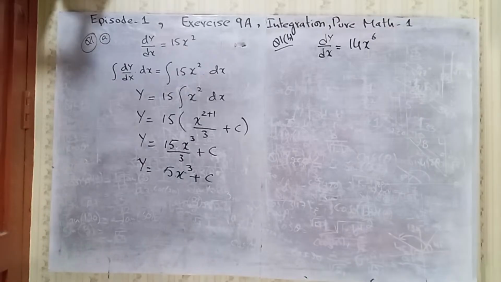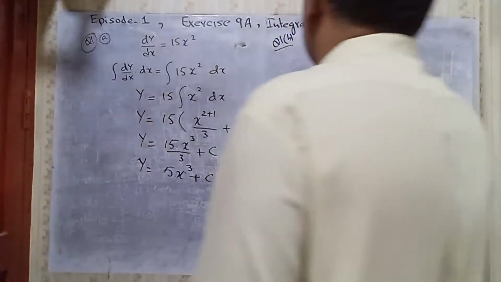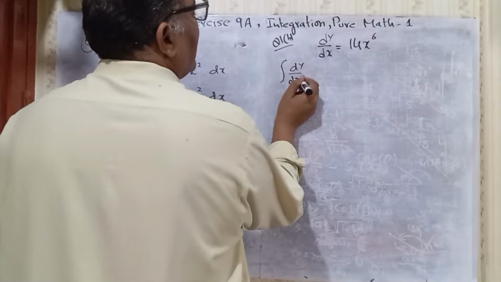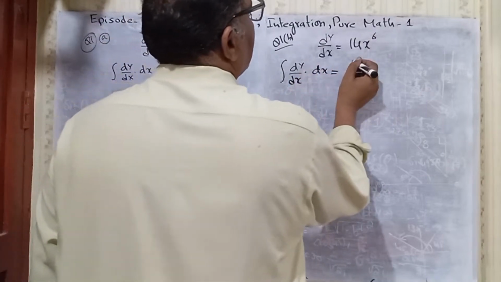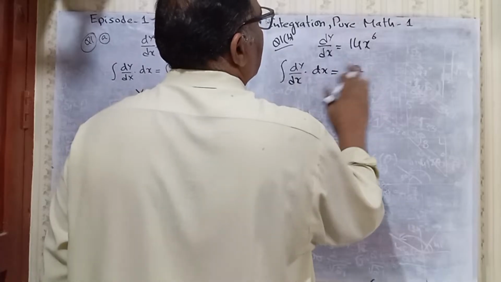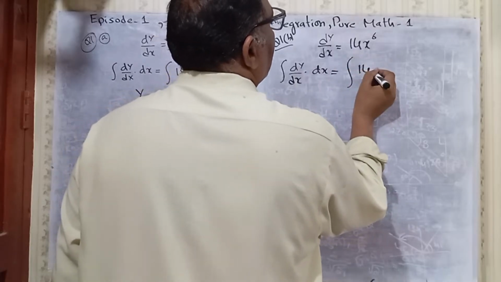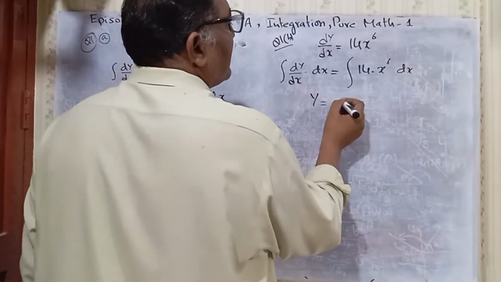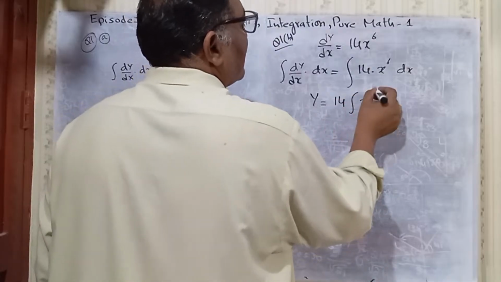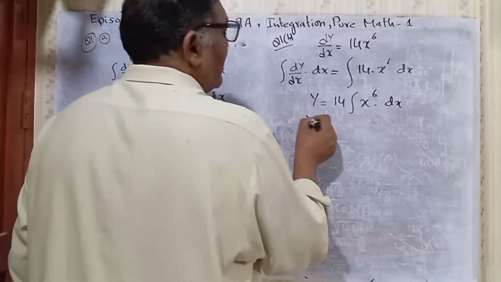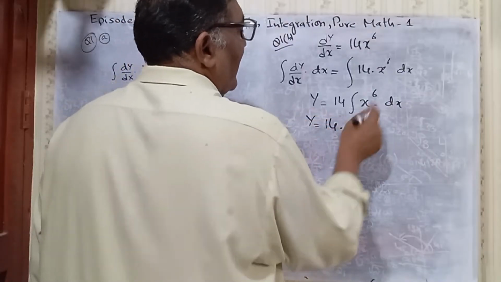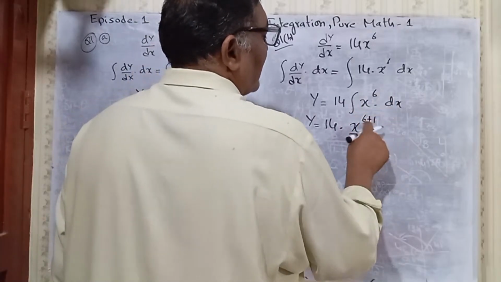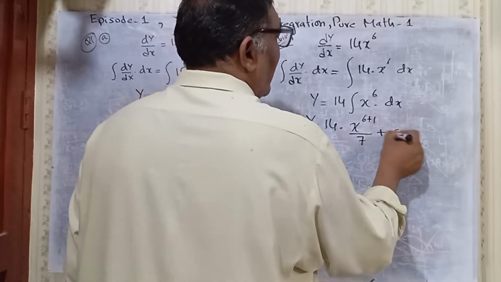So I will integrate both sides. This is the symbol for integration. The integral of dy by dx with respect to x is equal to the integral of 14 times x raised to power 6 dx, where the 14 can be taken outside. So y will be equal to 14; whenever you integrate, you increase the power by 1, so you divide by 7 and write plus c.